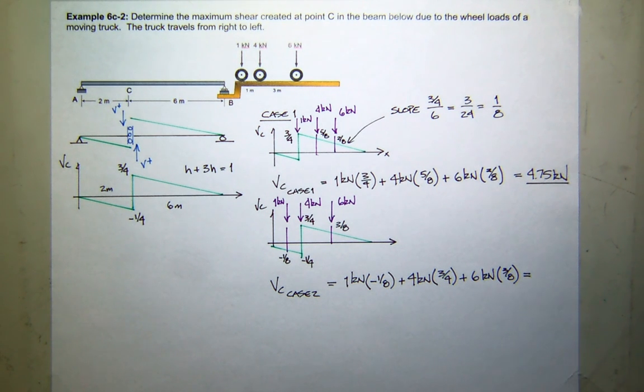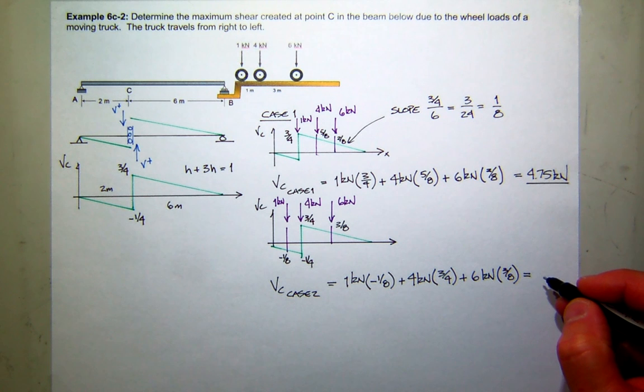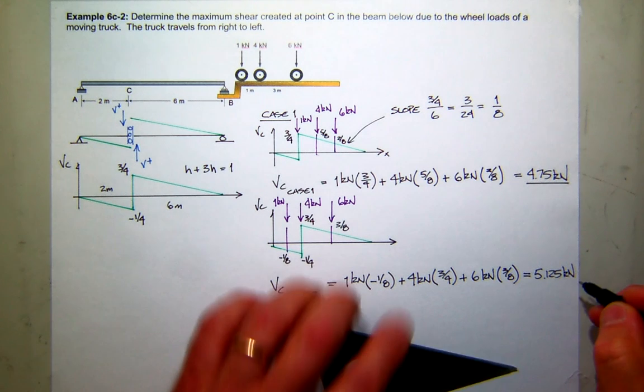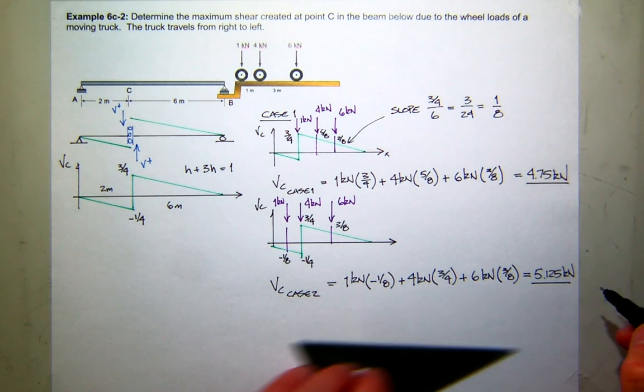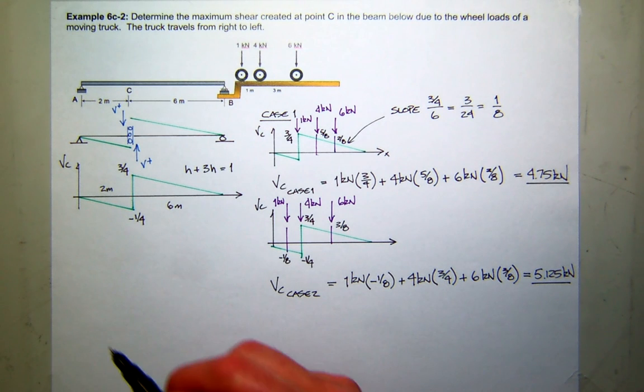I don't know what that is. Somebody help me with that. What did you get, Mr. Kimmel? 5.125. 5.125? Anybody else get that? So that seems to be the controlling case right now. What do you think is going to happen with case 3? Think it'll improve it?